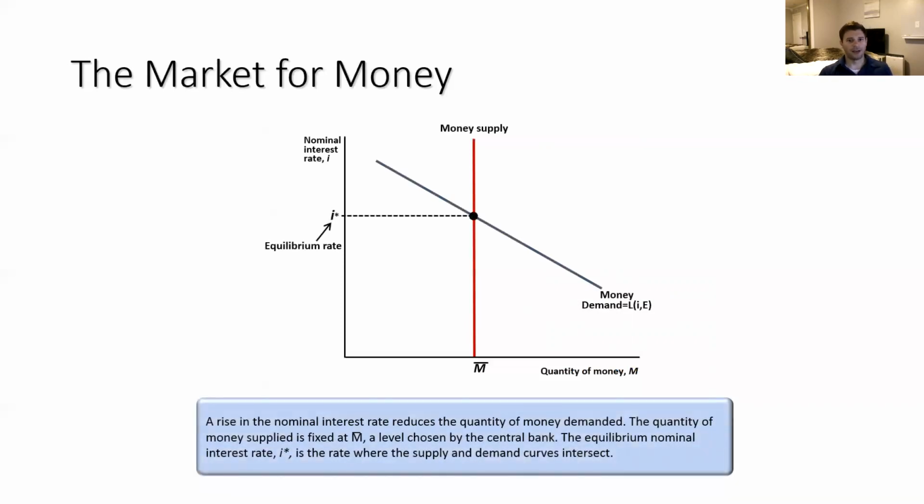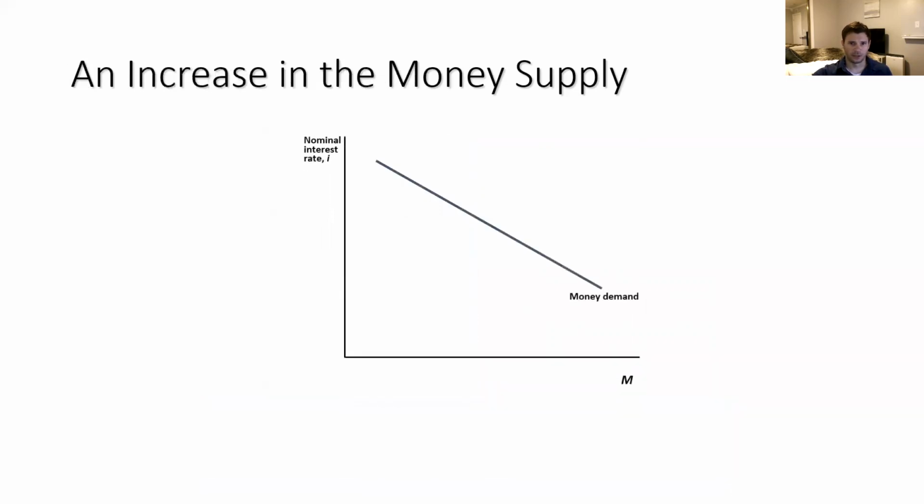Okay, and now, given this framework and given our past discussion of equilibrium analysis, it shouldn't be too difficult for us to think about how the Federal Reserve, changing the money supply, can be used to manipulate nominal interest rates. For example, if the Fed were to pursue an expansionary monetary policy and increase the money supply, then for a given level of money demand, a rightward shift in this money supply curve is going to put downward pressure on that nominal interest rate.